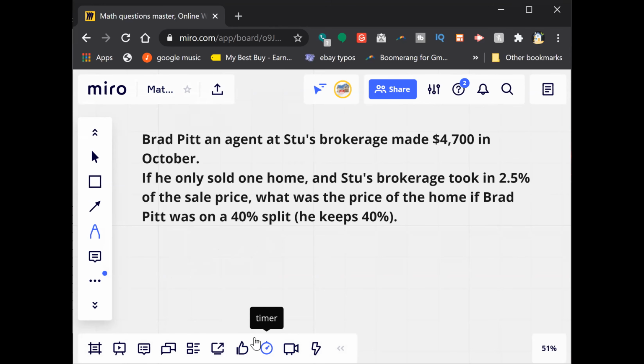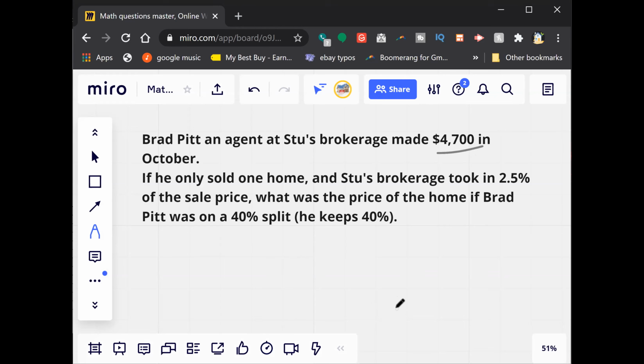Well, I don't know about that, okay? I like that you're trying something. Trying is half the battle. Here's what it's going to be. So the 4,700 is the very last step.